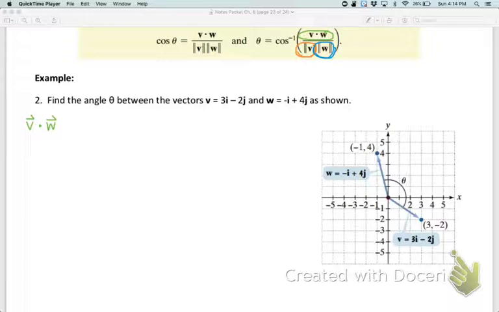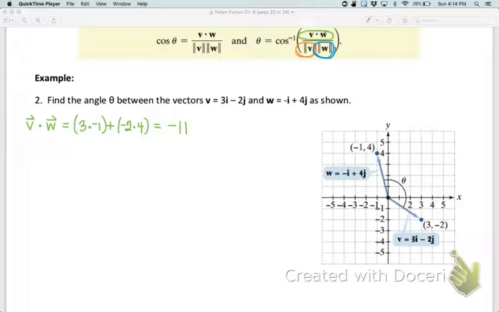You can multiply by a scalar, but you cannot multiply two vectors. So v dot w is going to be 3 times negative 1 plus negative 2 times 4, which gives us negative 3 minus 8. So that is equal to negative 11.